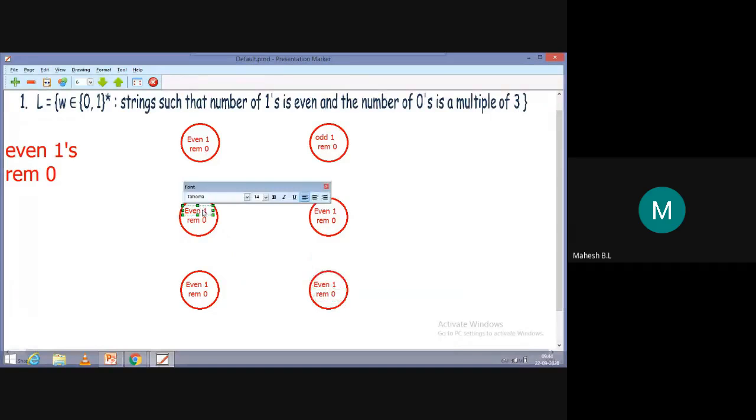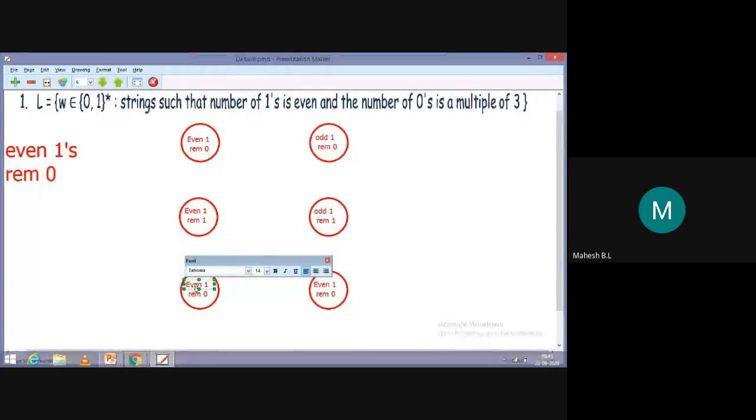This state represents even ones and remainder 1, so the number of zeros divided by 3 gives remainder 1. Here you have odd number of ones, remainder 1 when divided by 3.